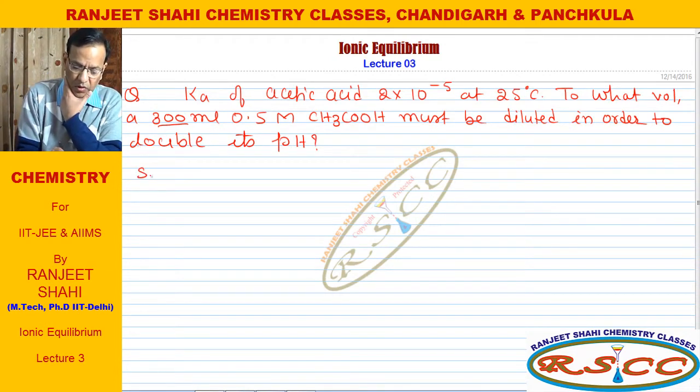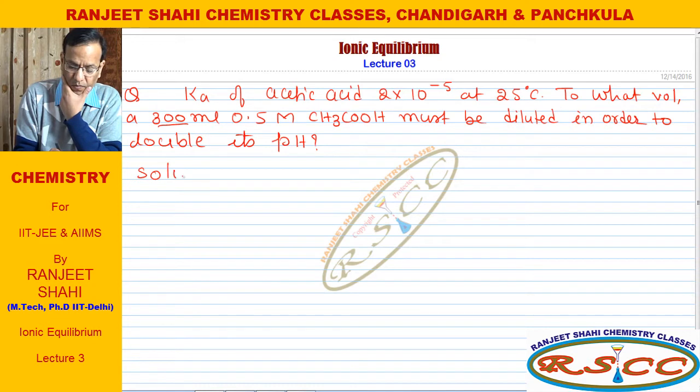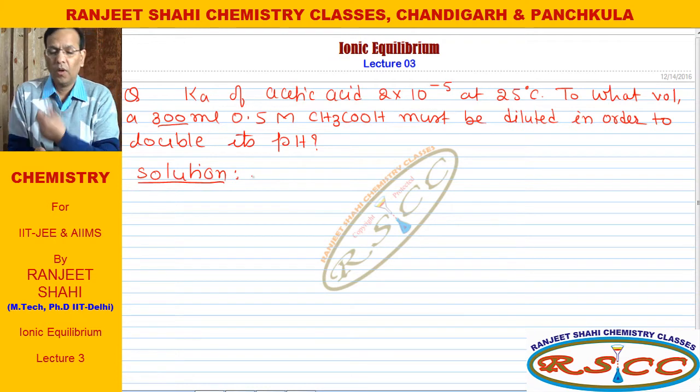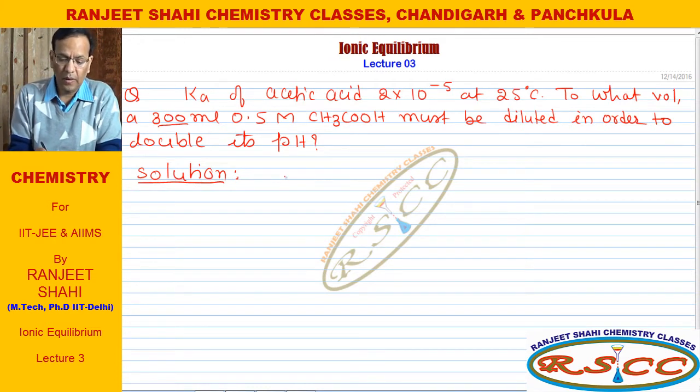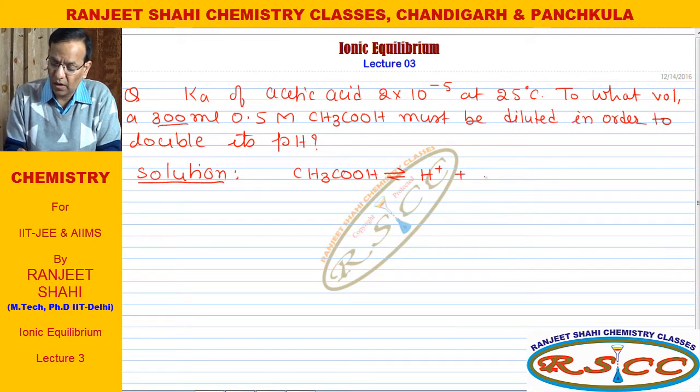So we have been given 0.5 molar acetic acid solution. Acetic acid being a weak acid, it will ionize to give H plus and acetate ion.